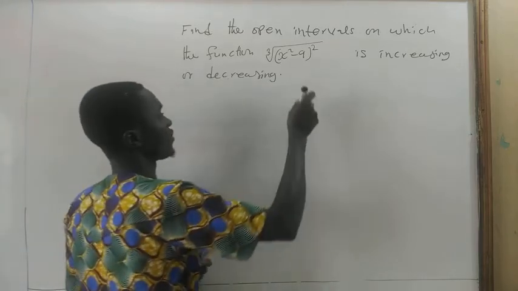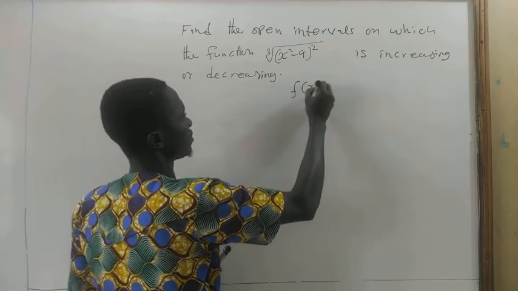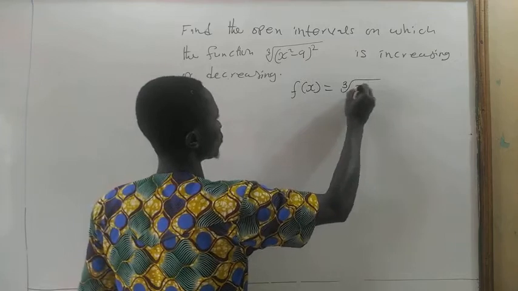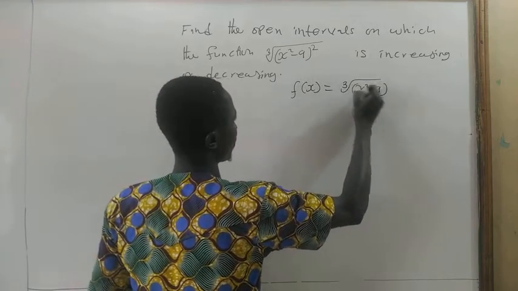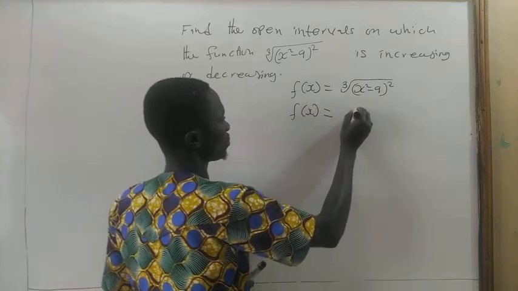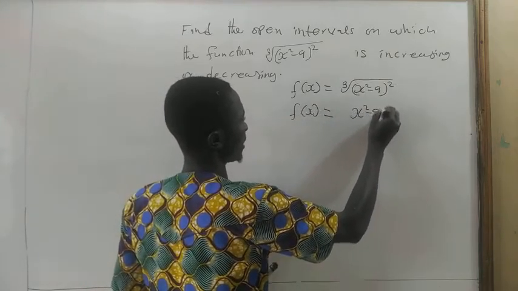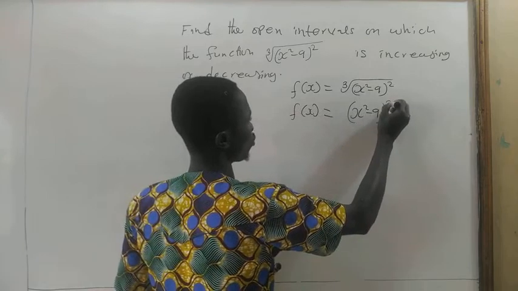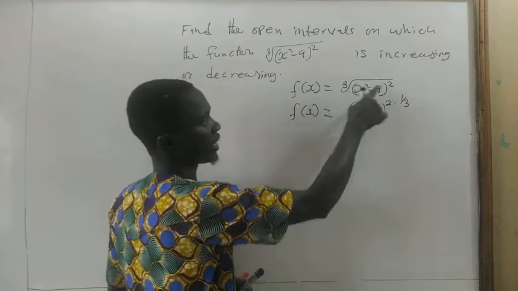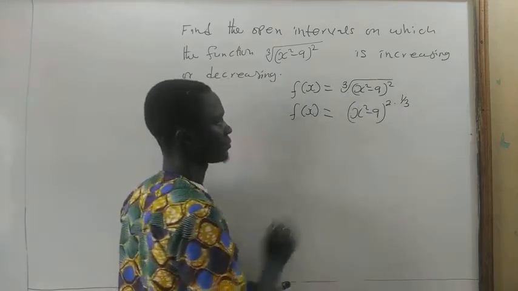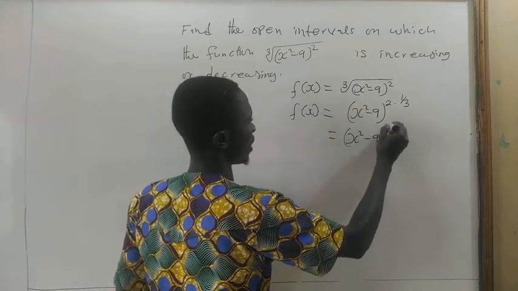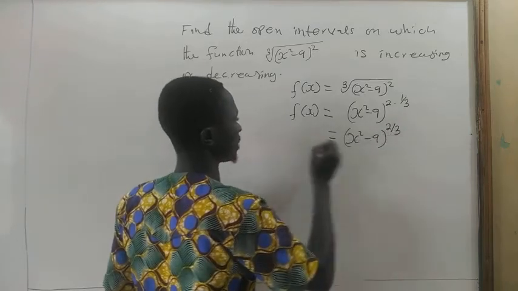We write f of x equal to cube root of (x squared minus 9) all squared. f of x equal to (x squared minus 9) all squared times 1/3, because cube root means power 1/3, which will give us (x squared minus 9) to the power 2/3.